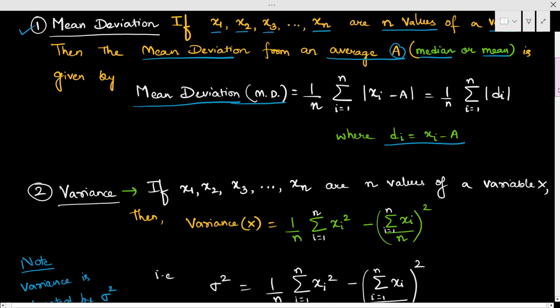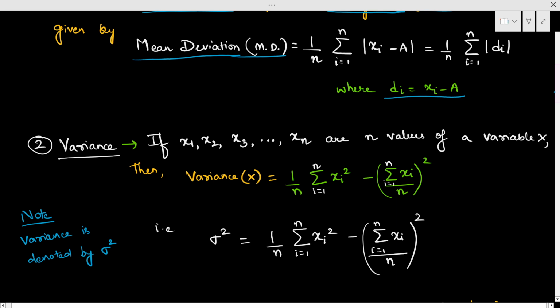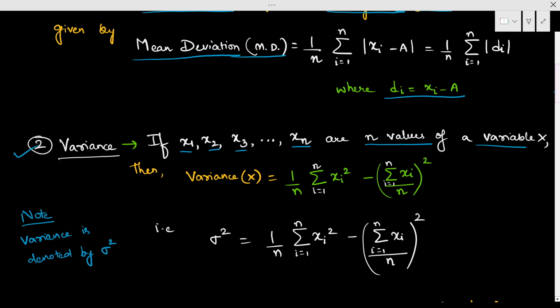Next is the concept of variance. Variance says that if x1, x2, x3 up to xn are n values of a variable x, then the variance of x is 1 by n summation xi square minus (summation xi by n) whole square.